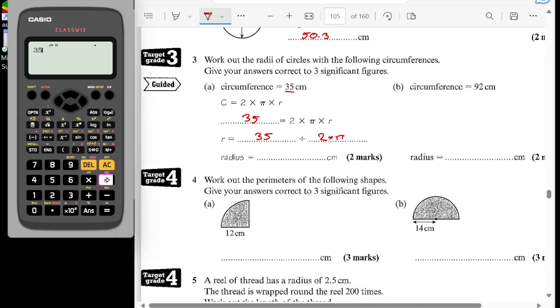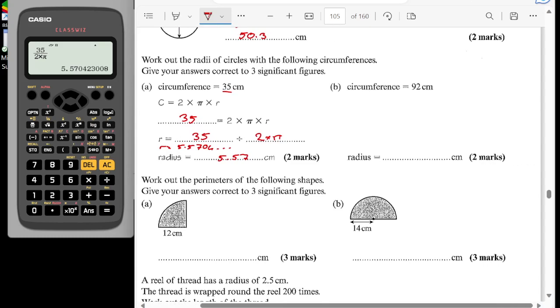So 35 divided by, actually let's do it as a fraction. I always think that looks better. 2 times shift pi, which gives us, and again, I'll go more accurate than needed first of all, 5.5704... So to 3 significant figures, that's going to be 5.57.